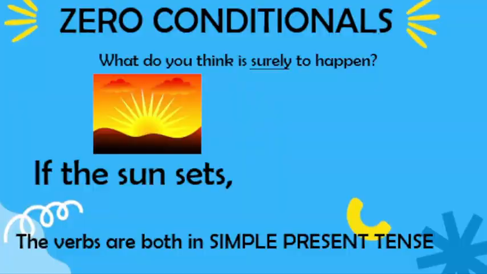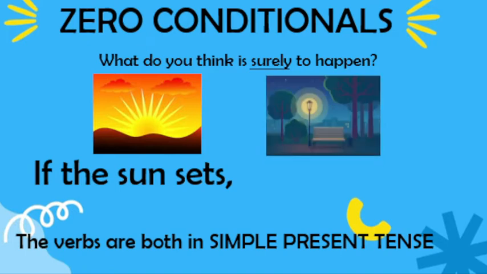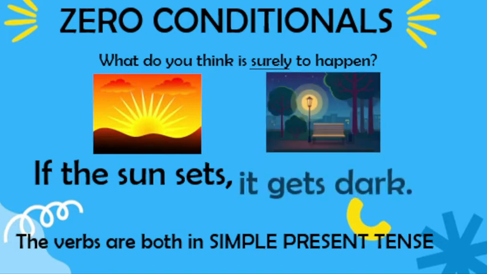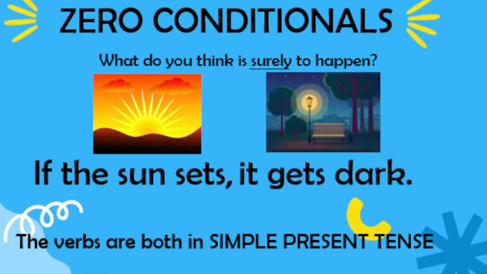Okay, let's have an example. Zero conditionals. What do you think is surely to happen if the sun sets? If the sun sets, this is the condition. What do you think is surely to happen if the condition is met? It gets dark. So expect that the result of the condition is this.